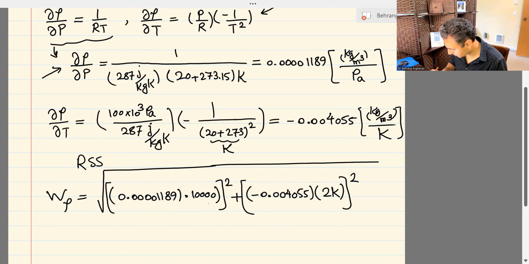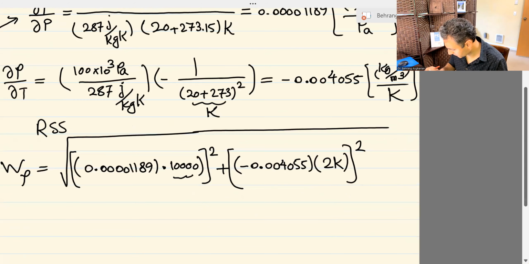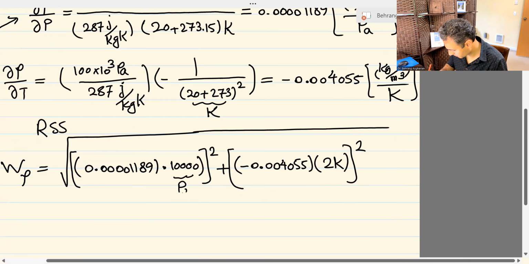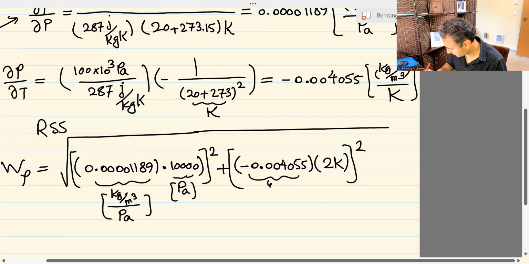Make sure that these units are correct. This unit is Pascal. This unit is kilograms per meters cubed over Pascal. This unit is kilograms per meters cubed over Kelvin.